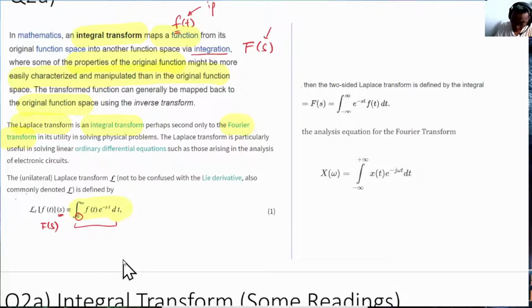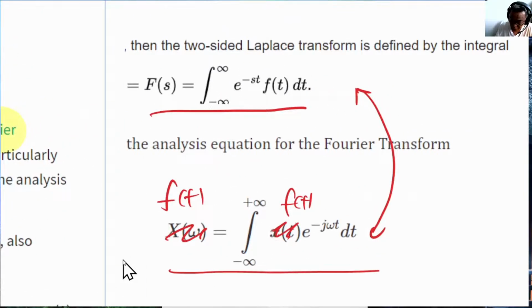Now let us see the relationship between F of s and, well, let's try this, F of omega. You realize that both of them are integral transforms. The top one is the Laplace and the bottom one is the Fourier. They all look very similar to each other.